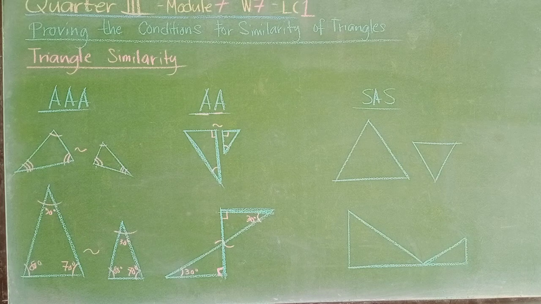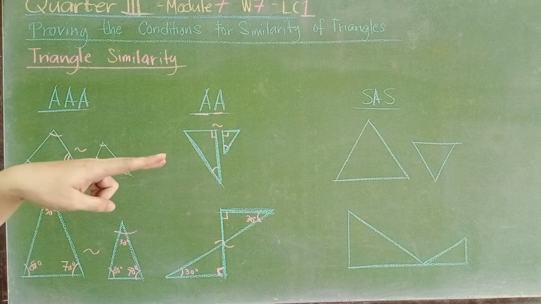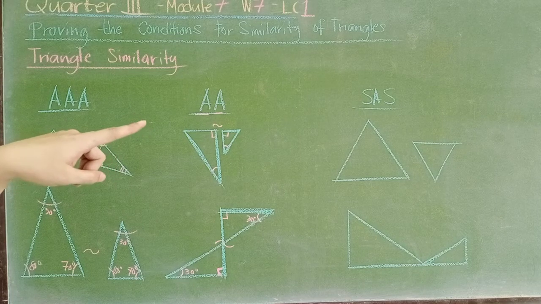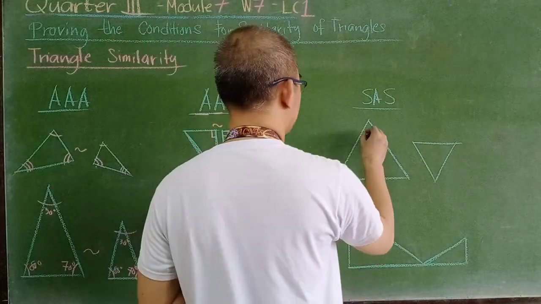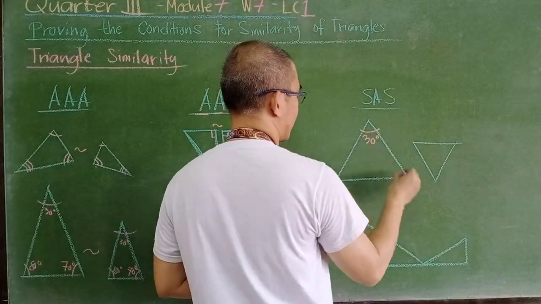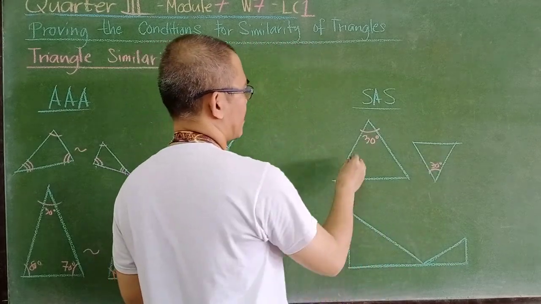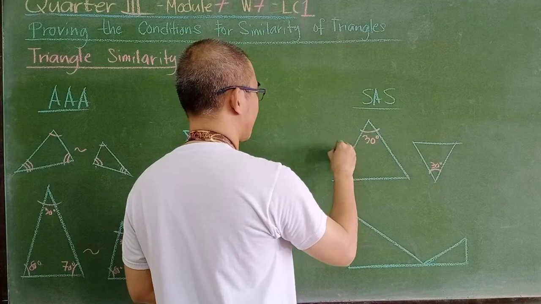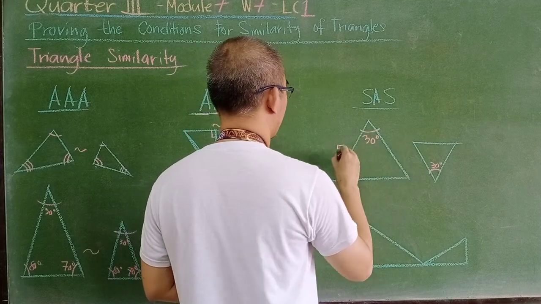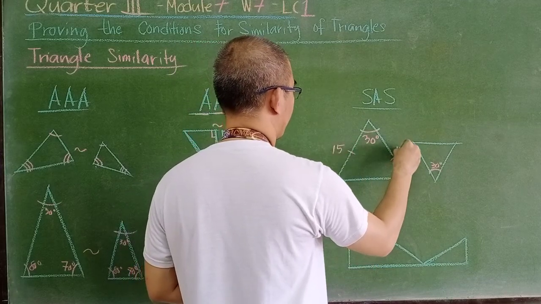Now, paano naman yung SAS? So sa may SAS, meron kang isang angle na pares tapos dalawang side na magkapares. So let's say this is 30 degrees, this is also 30 degrees. And then let's say this is 5, this is 15, this is also 15.